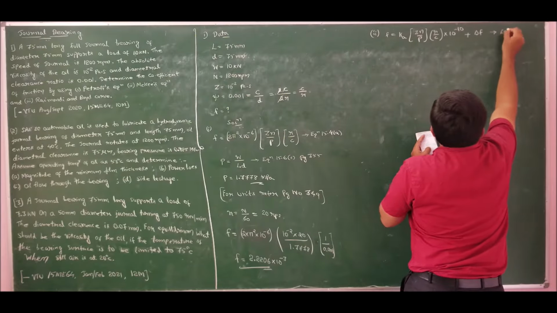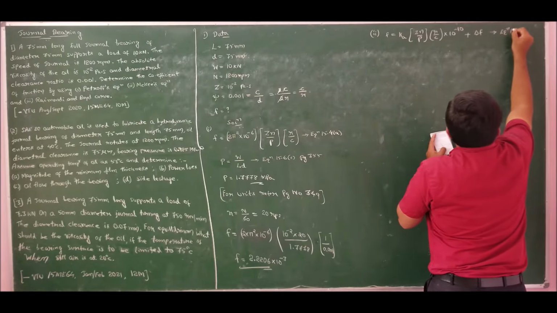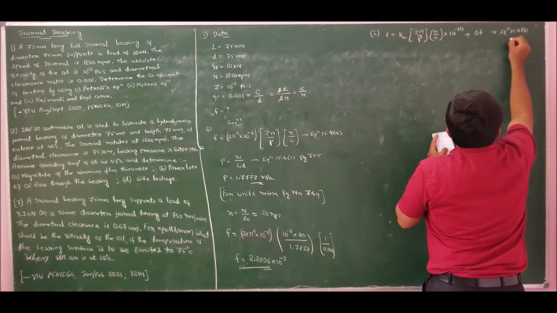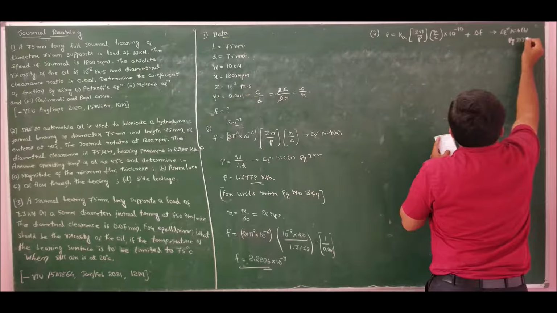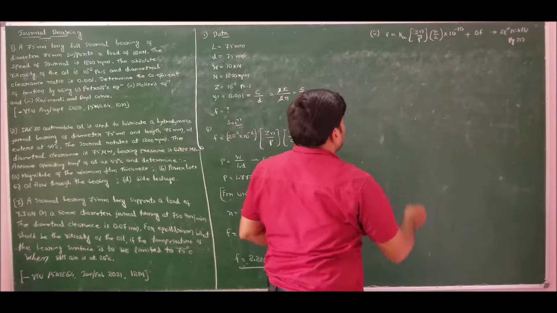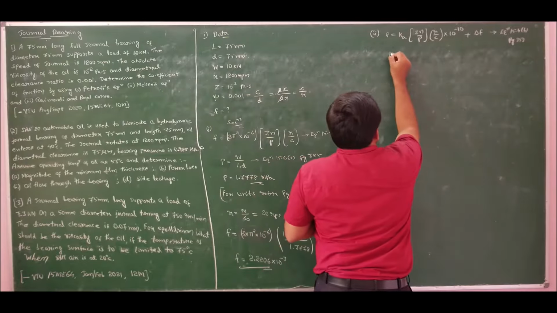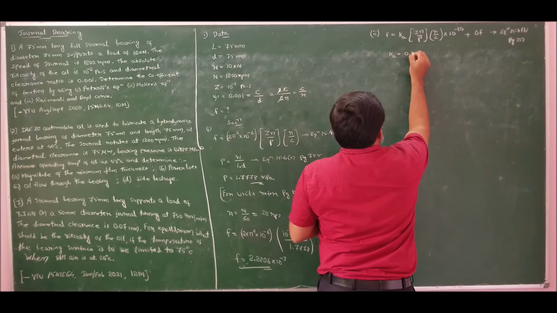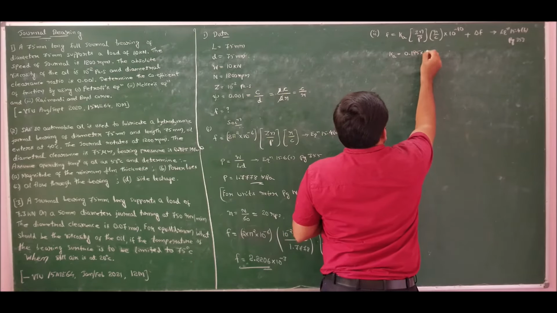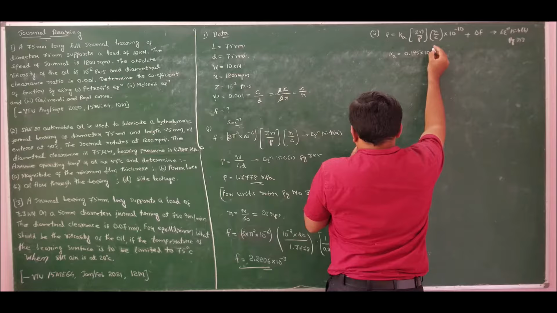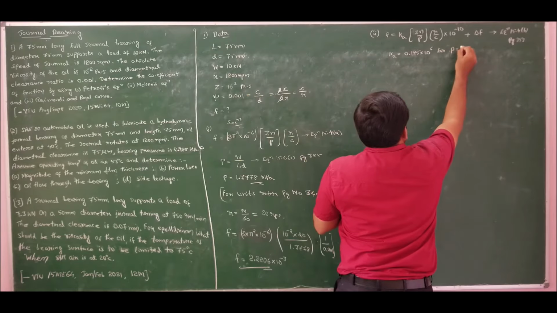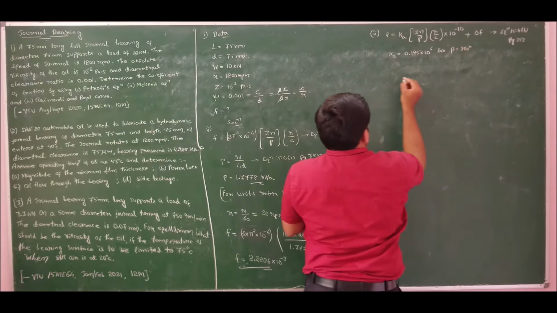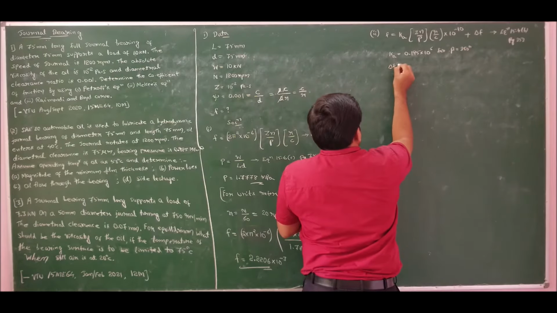This is equation 15.4b, referring to page 353 of the data handbook. There itself he has given the value of Ka. Ka is 0.195 into 10 to the power of plus 6 for a full journal bearing. Since he has not stated anything, we can solve for a full journal bearing, and the value of delta f is 0.002.